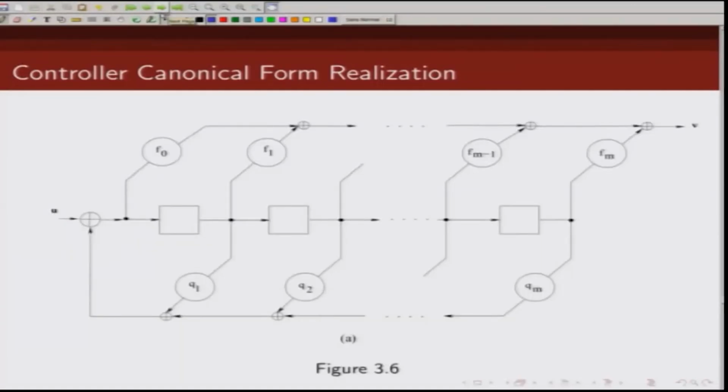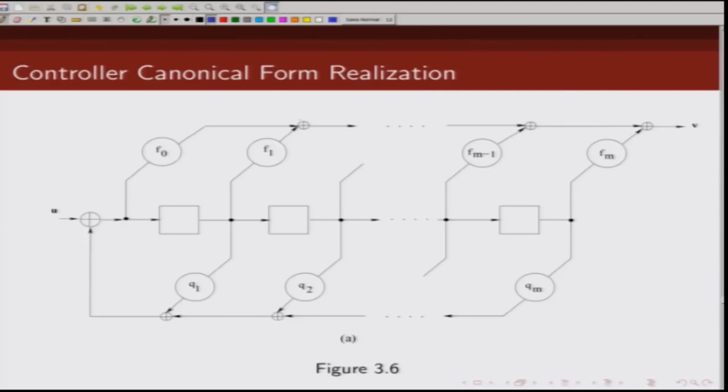So, this is the input, this is the d term, multiplied by q1, this is the d square term multiplied by q2, like that, and then finally you have the d^m term which is getting multiplied by qm. So you can see this is how we can realize a convolutional code using controller canonical form realization.